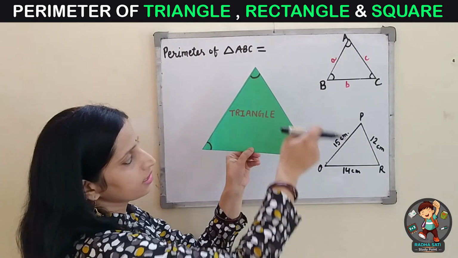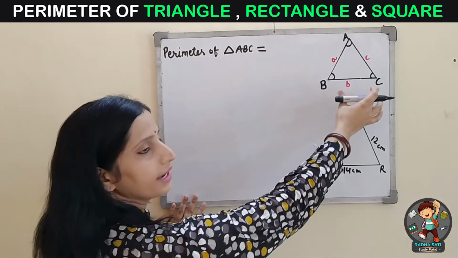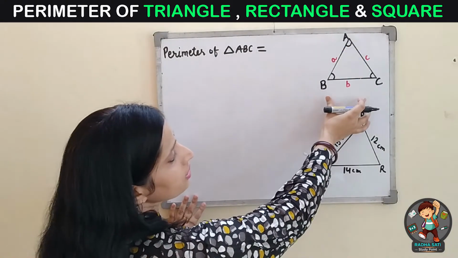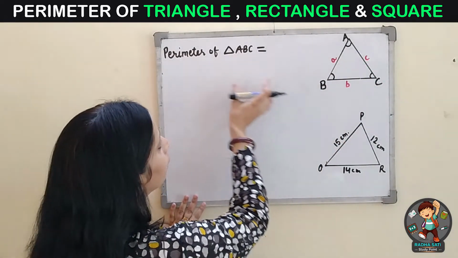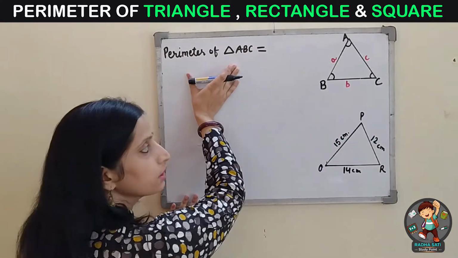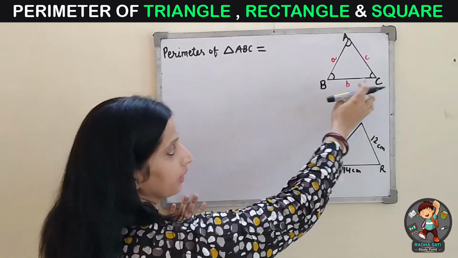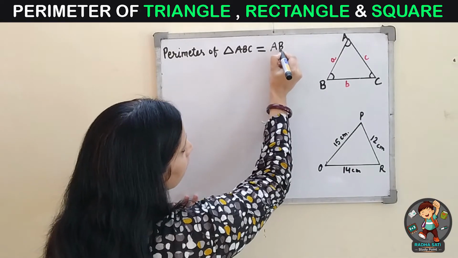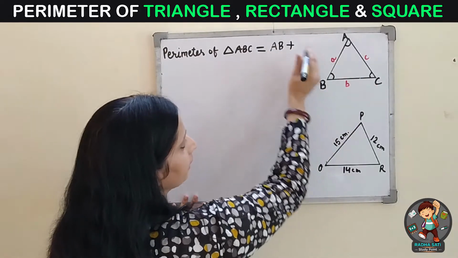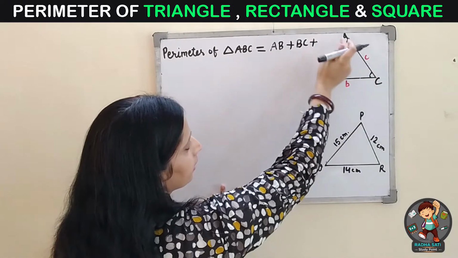For example, in this triangle ABC, whose dimensions are a, b and c respectively, we have to find the perimeter. The perimeter will be the sum of its boundary, so it will be AB plus BC plus CA.